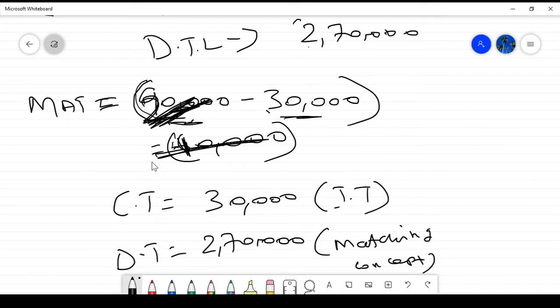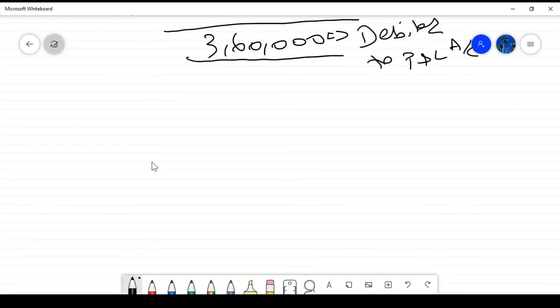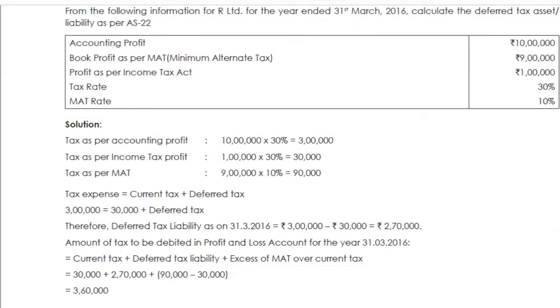You have to pay on your Income Tax Act. This is for MAT or income tax. You have to study the income tax provision, direct tax provision. Then only you can understand. Okay? Go to the next question.